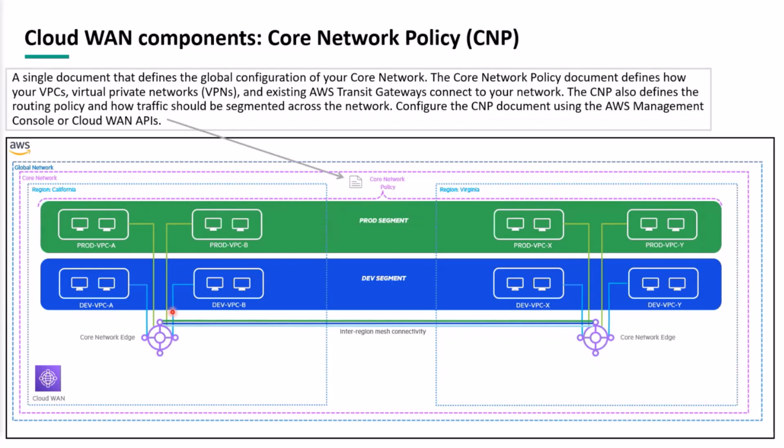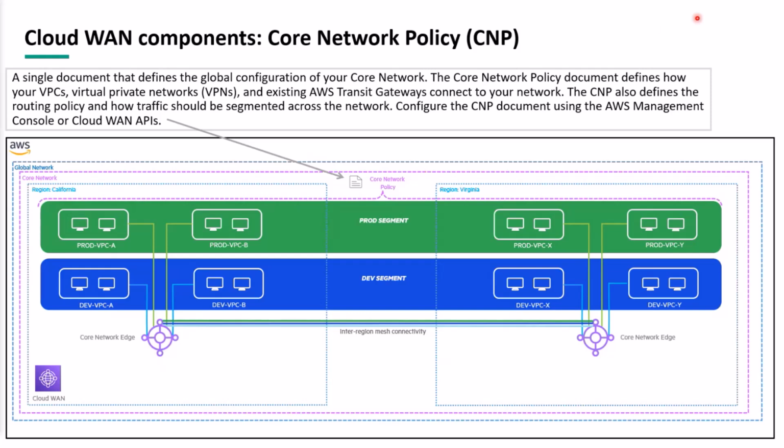When you want to create multiple core network edges, you have to go to the core network policy page on AWS and select all the AWS regions where you want to create core network edges. Now with transit gateways, that's not the case.